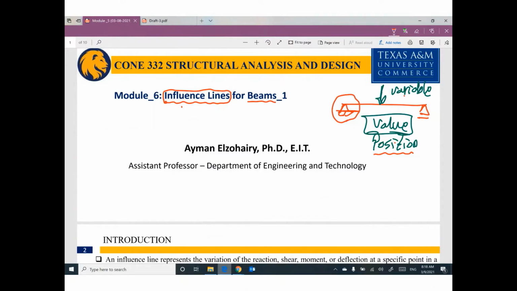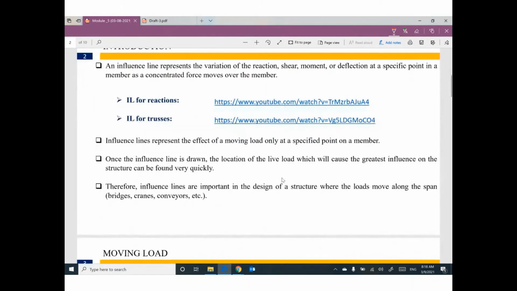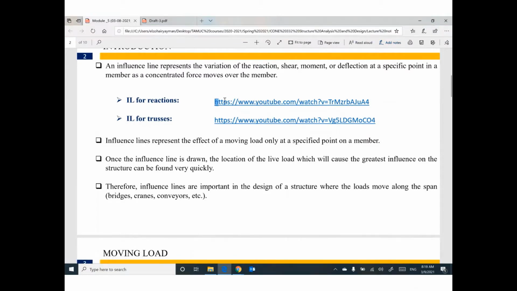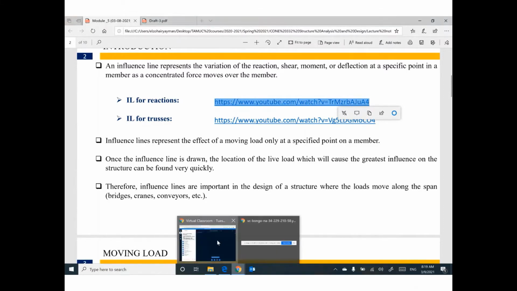This part is a little bit more advanced, it's related to bridge engineering, so if you can understand it, you are in a good position. To make sure you understand this part more and more, okay, let's start to watch this video to understand it more and more.